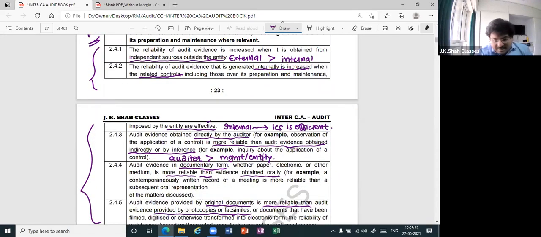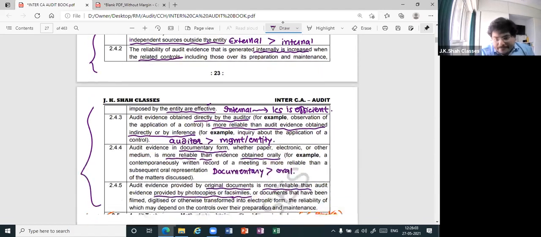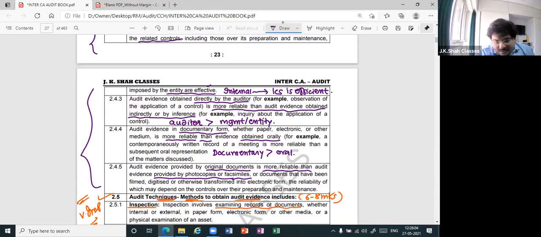Documentary is more reliable than oral. And lastly, you already know, original is more reliable than duplicate. You can write photocopies also in case of duplicate if you so wish.